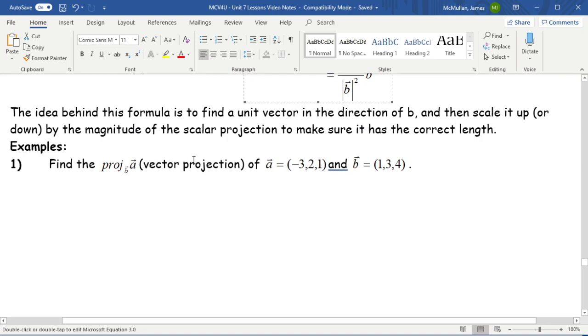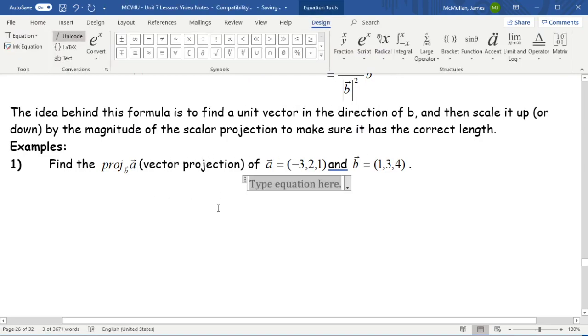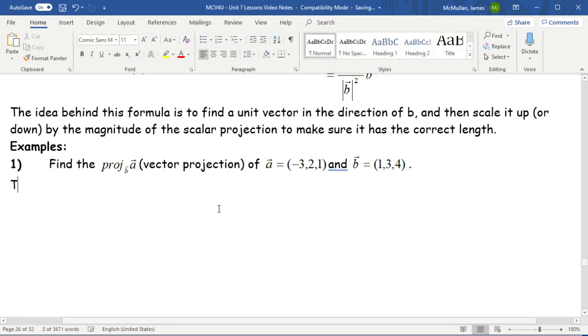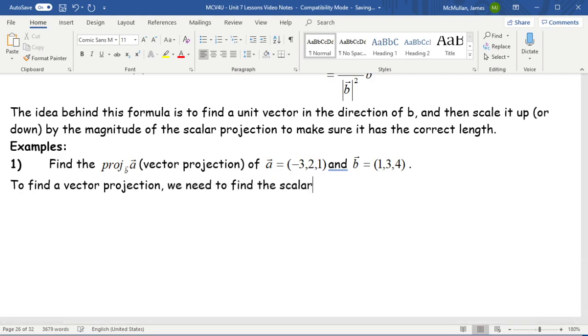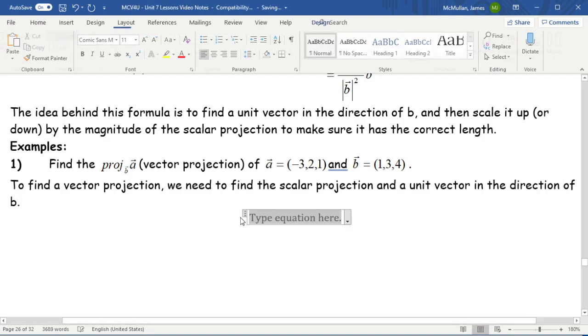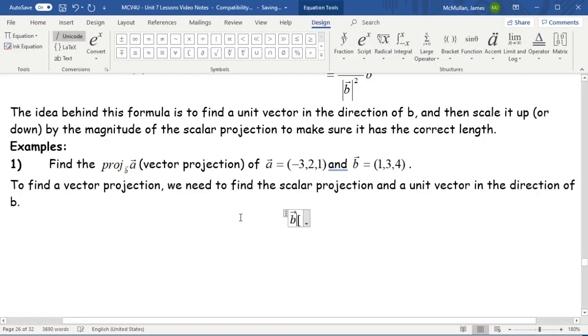So it says find the vector projection of A and B. First of all, let's start by remembering that to find a vector projection, we need to find the scalar projection and a unit vector in the direction of B. Okay, so let's do this task. First we start with vector B divided by magnitude vector B.